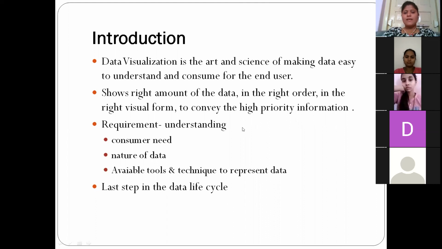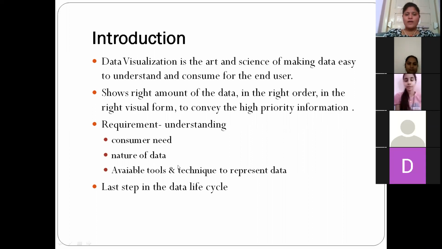Requirements. What are the things you have to understand? You have to understand the consumer needs. What is the need of the consumer? What is the nature of the data? And the availability of the tools and techniques to represent the data. This is very important.